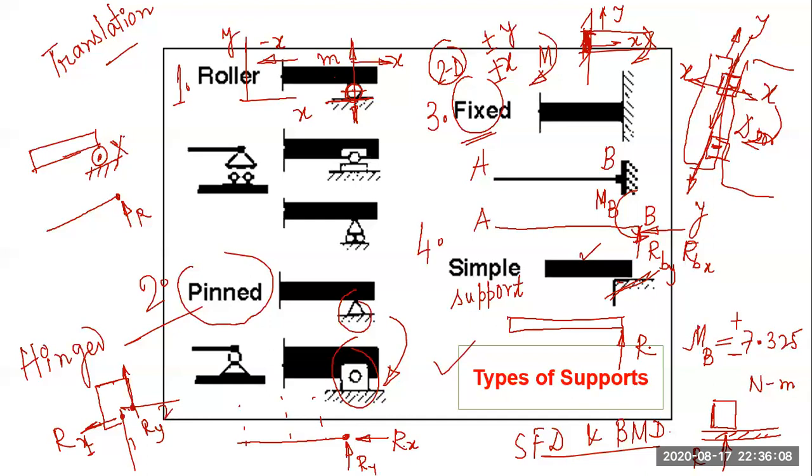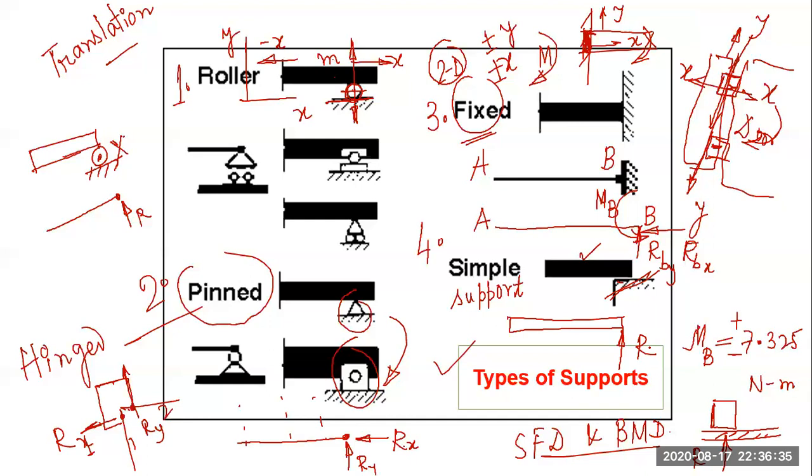If you want to replace a roller support to draw a free body diagram of a beam or an element, we have to replace it by a single vertical force. If you are to replace a pin joint or a hinge joint, we have to show a vertical force as well as a horizontal force at that point.